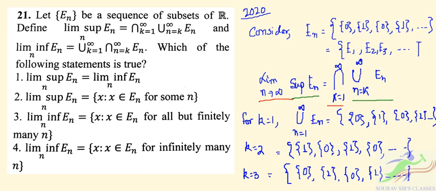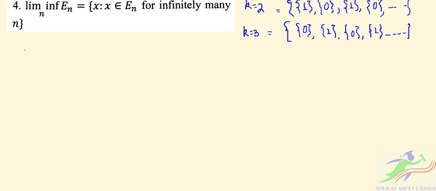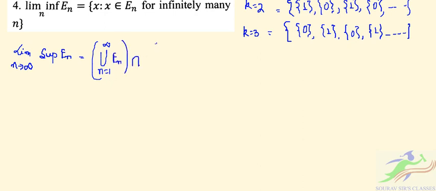Okay, so limit of n tends to infinity, supremum of En, whatever the expression we have given, can be written as union n equal to 1 to infinity En, intersection union n equal to 2 to infinity, intersection union n equal to 3 to infinity En, and it will go like this.